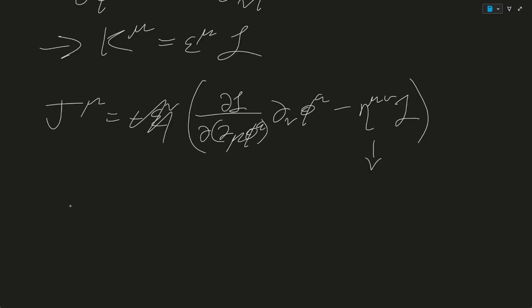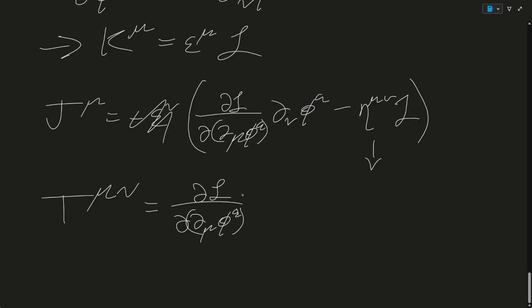So now we have the stress energy tensor, where mu and nu are the indices, and this is d L by d partial mu phi a, minus that from before.